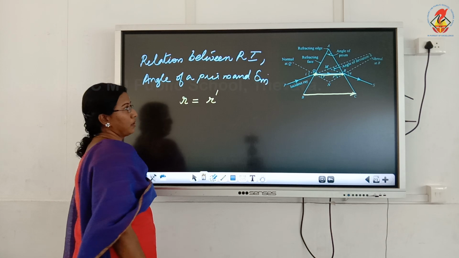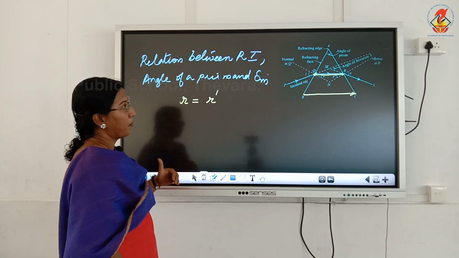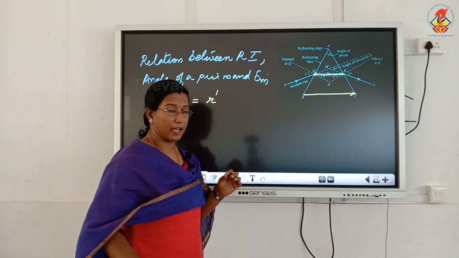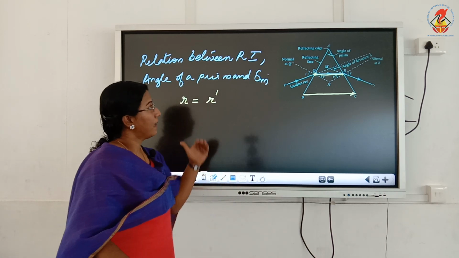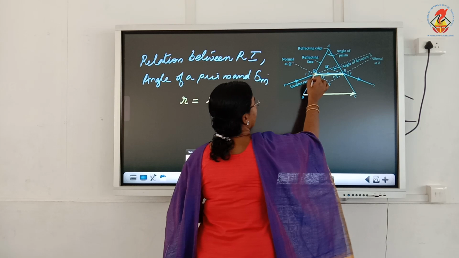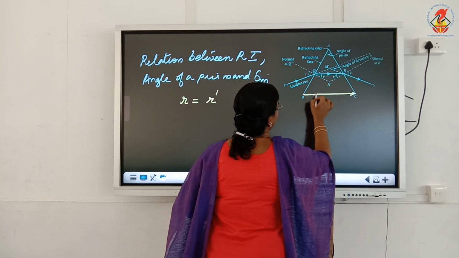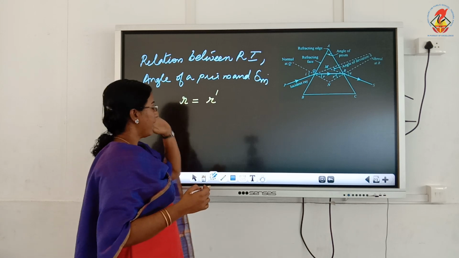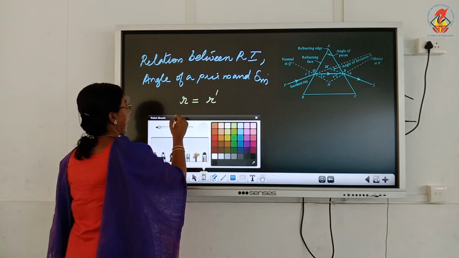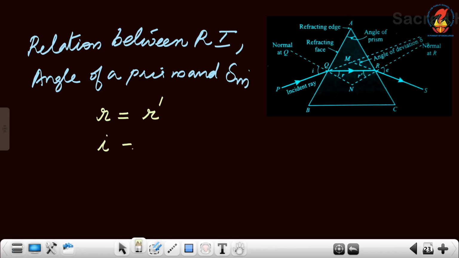Angle R will be equal to angle R dash at the value of minimum deviation. The refracted ray QR will be parallel to the base of the prism, and hence R will be equal to R dash, and also angle of incidence will be equal to angle of emergence.